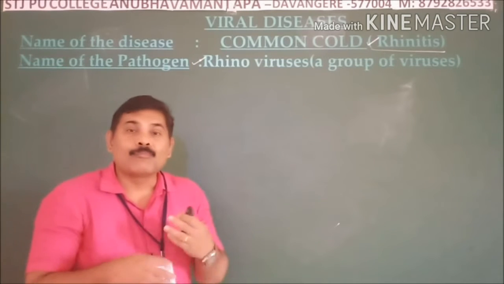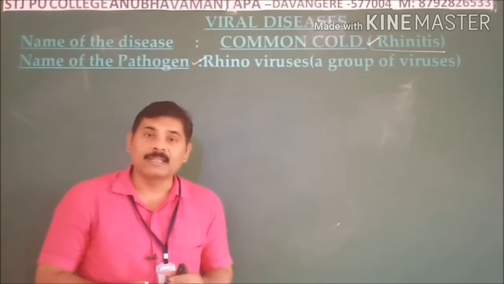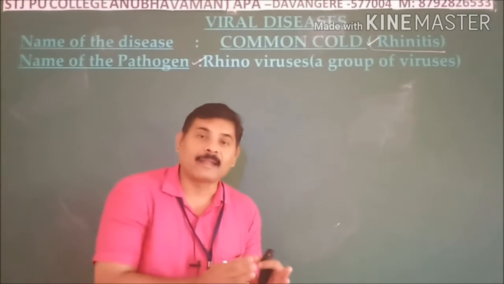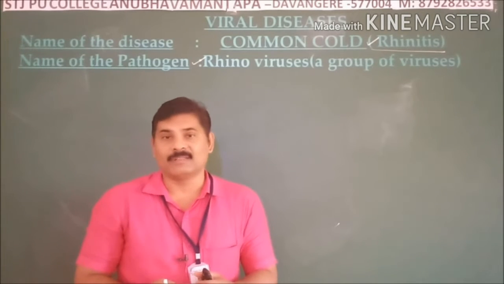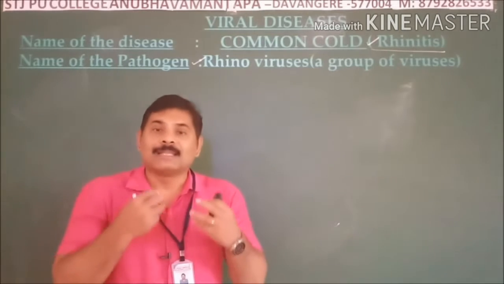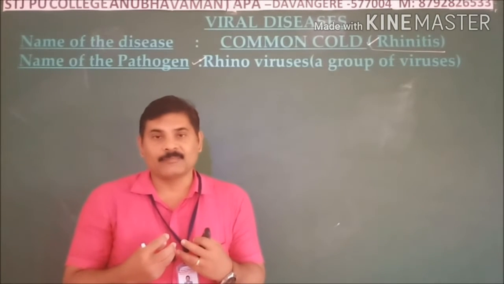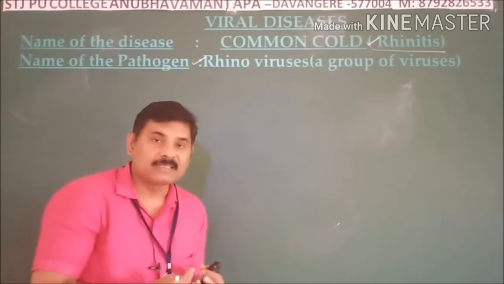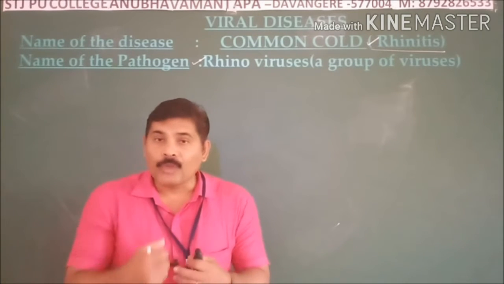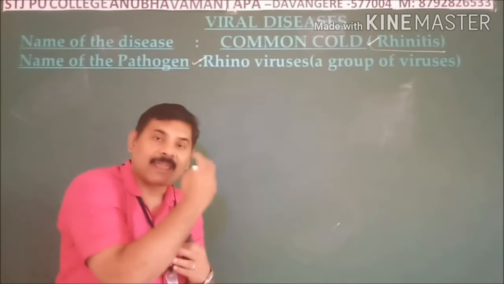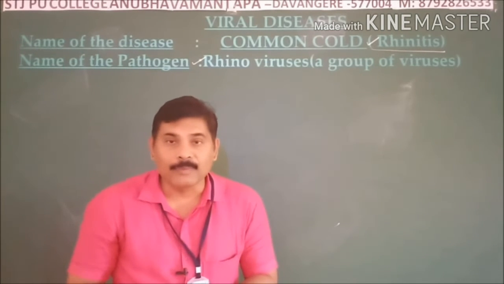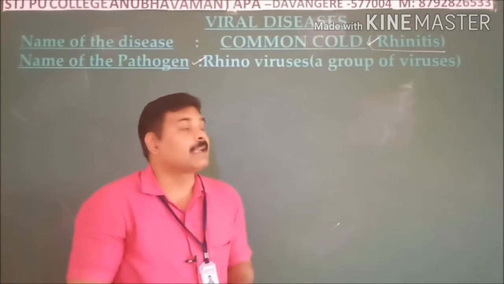Right. Then what is the mode of infection? Generally the common cold is transmitted in two different ways. One is the direct way. How does it happen? In the direct way, when an infected person sneezes, speaks, coughs, or blows his nose, the droplets of saliva enter into the air. If these droplets fall directly on a healthy person, then it gets transmitted.